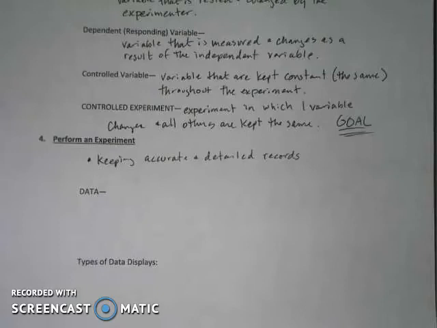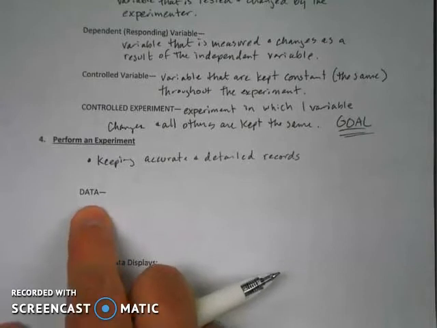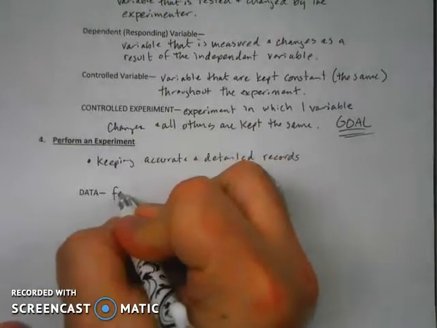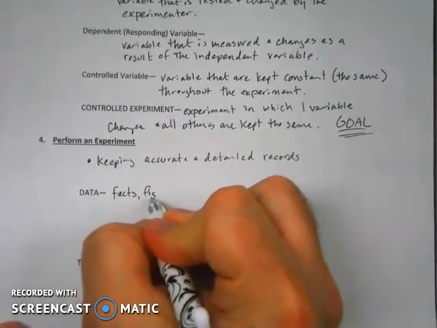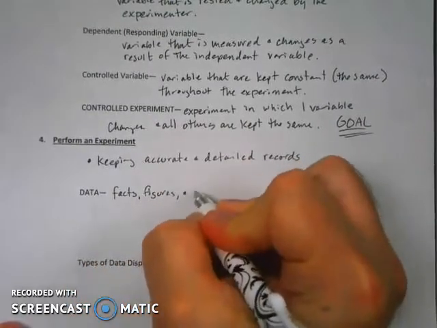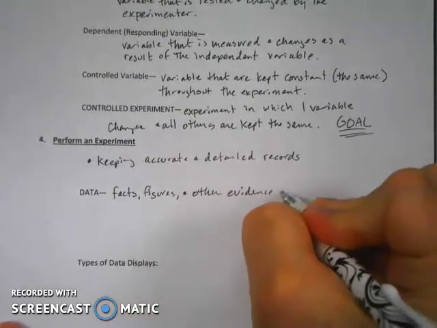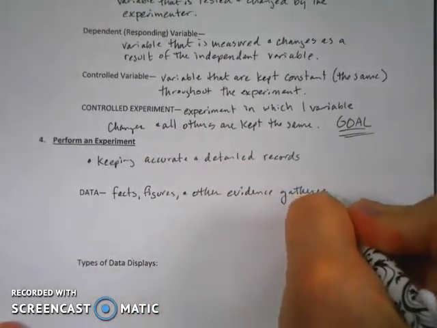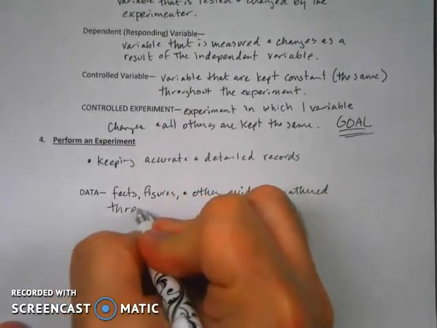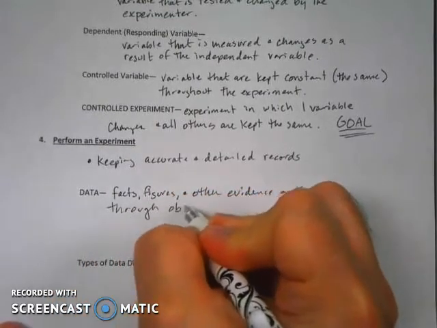You might not use all of those, but you may use some of them. But you're also going to be collecting data. Data are facts, figures, and other evidence that you gather through observation and measurement.